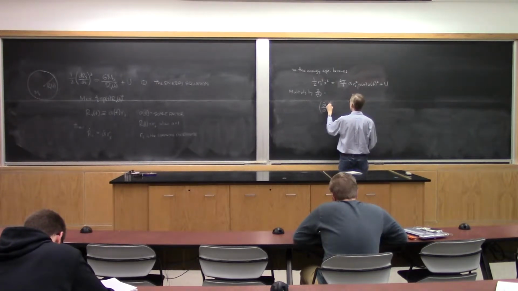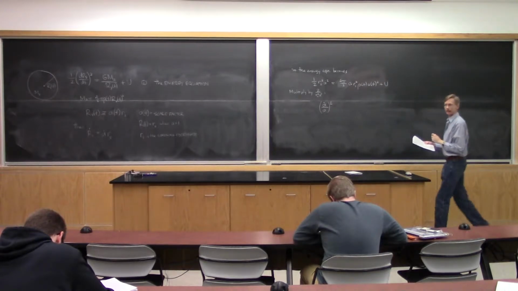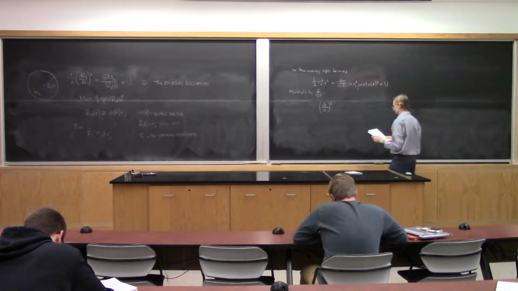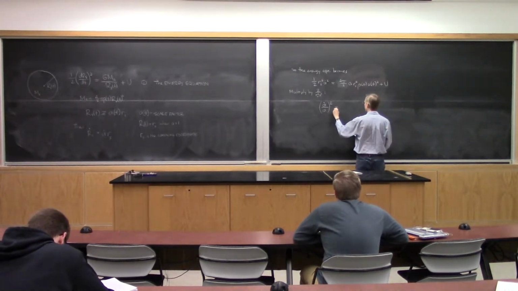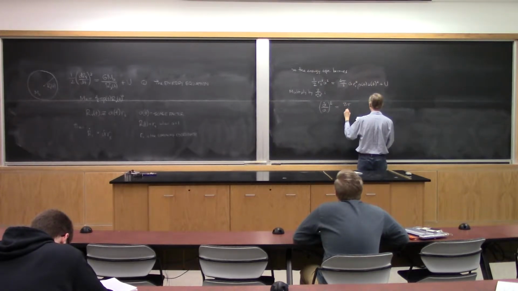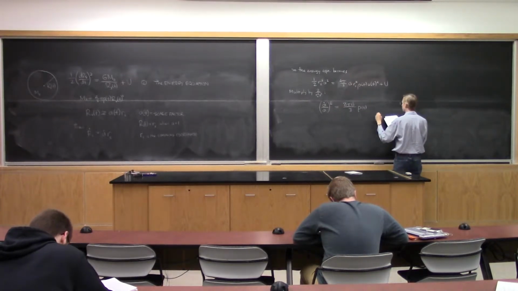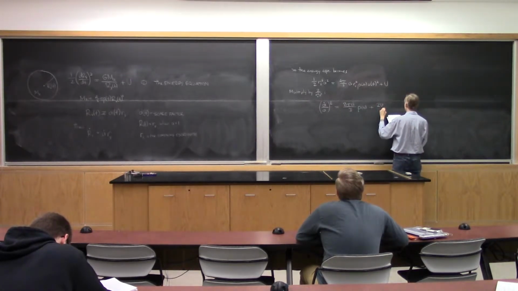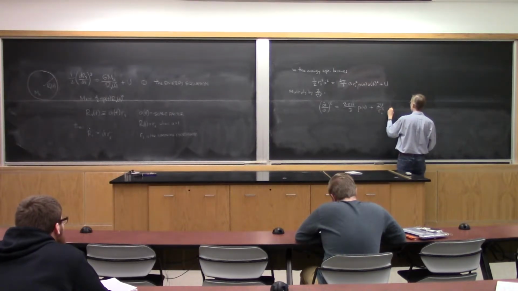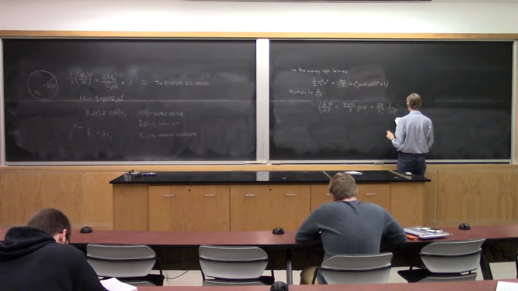So if we do that, we get a dot over a, quantity squared, is equal to 8 pi big G over 3 rho of t plus 2U over r sub s squared times 1 over a of t squared.